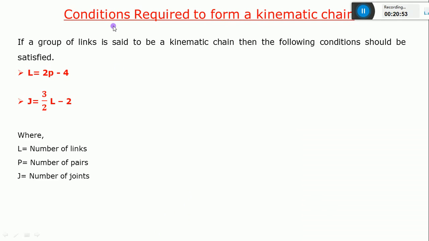Now take these conditions required to form a kinematic chain. If you want to say any group of kinematic pairs is a kinematic chain, these two conditions have to be satisfied, then only I can say it is a kinematic chain, otherwise it is not. So please take these two formulas: L = 2P - 4 and J = (3/2)L - 2.